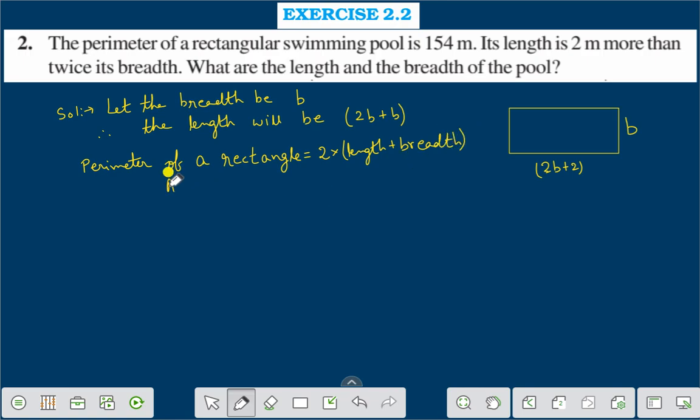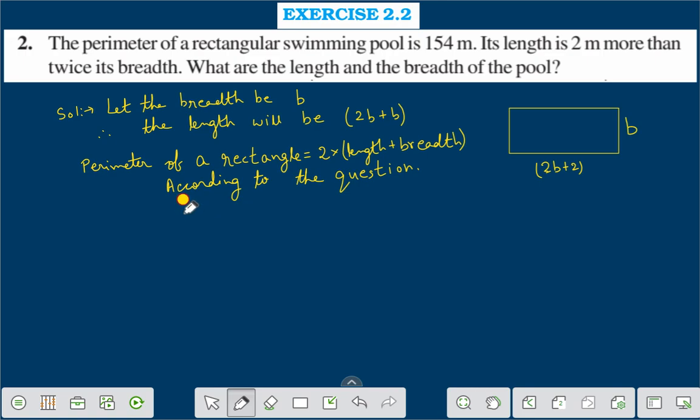According to the question, perimeter is given as 154 meter.